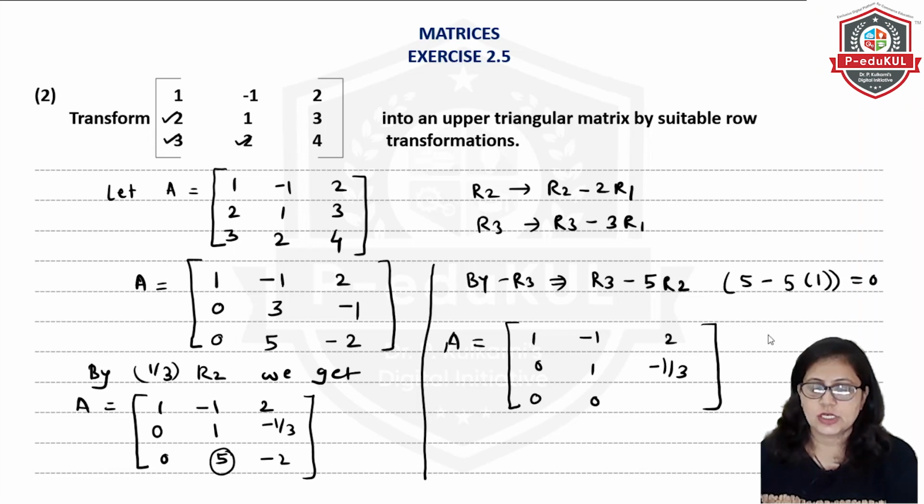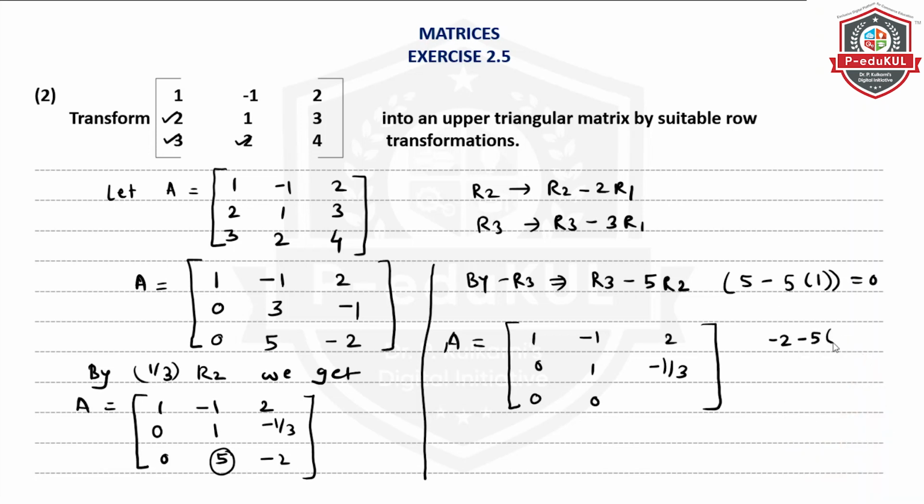And this, I will show you the calculation: minus 2 minus 5 into minus 1 by 3. So this will be minus 2 plus 5 by 3, which is minus 6 plus 5 divided by 3 altogether. Okay. So this will be minus 1 by 3.